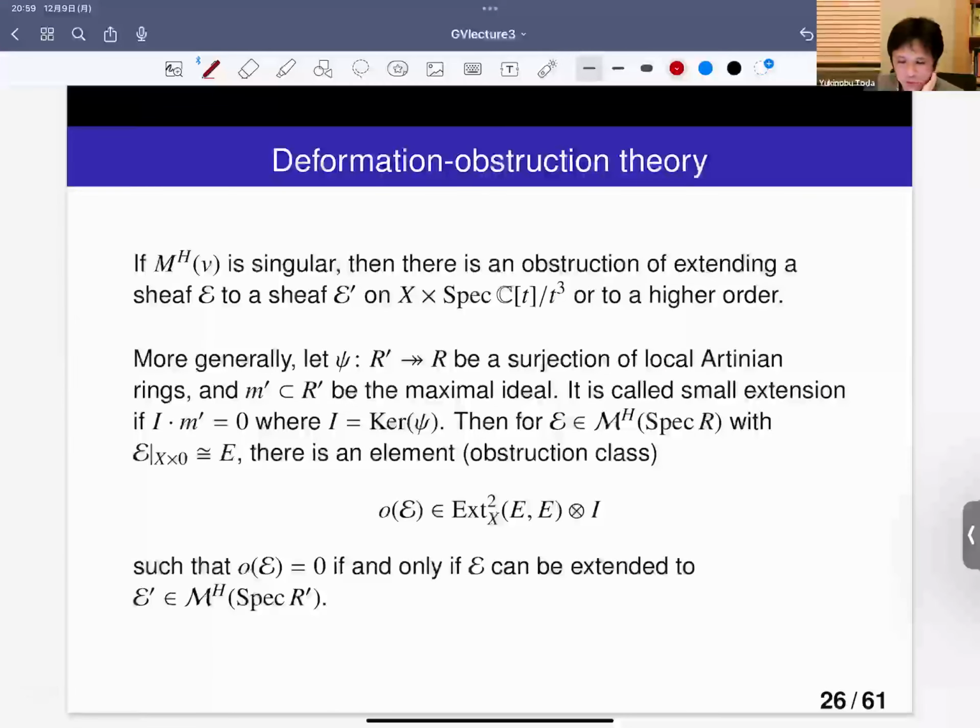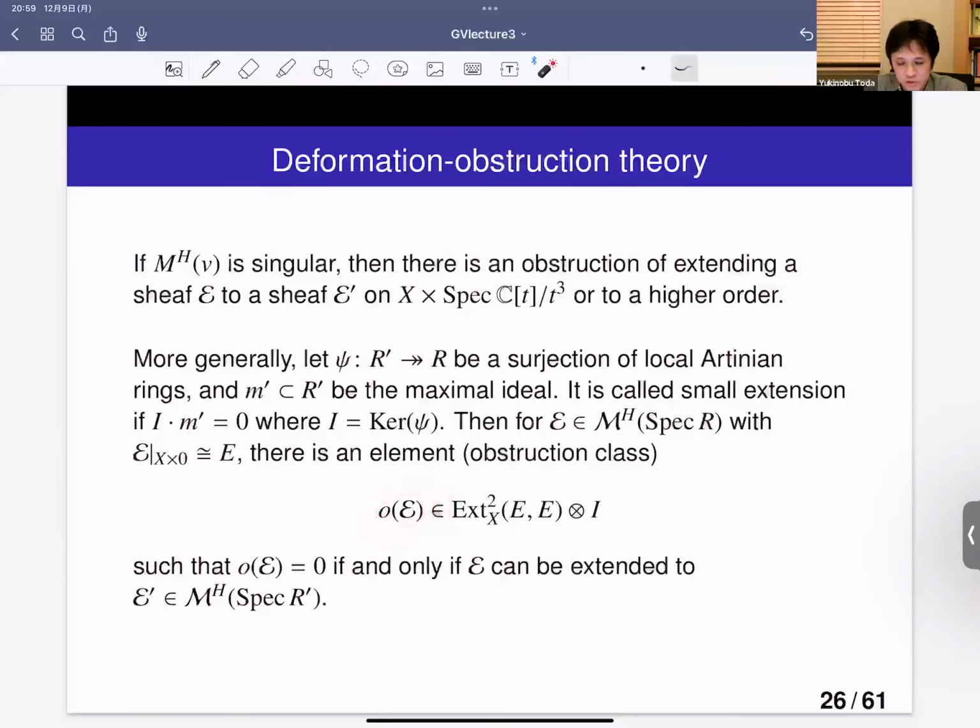And there is the so-called deformation obstruction theory: if the moduli space is singular, then there is some obstruction to extending a sheaf to a sheaf of higher order. More generally, if you consider some extension of local Artinian rings, then there is some corresponding class. This is called the obstruction class.